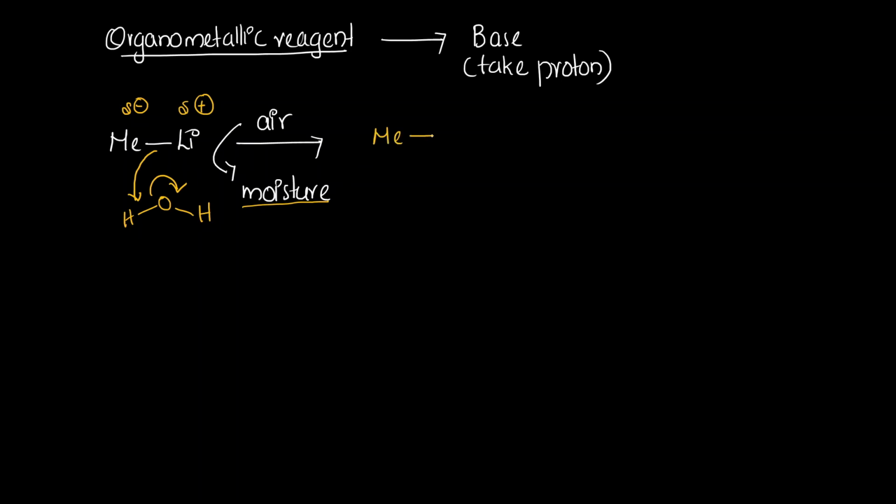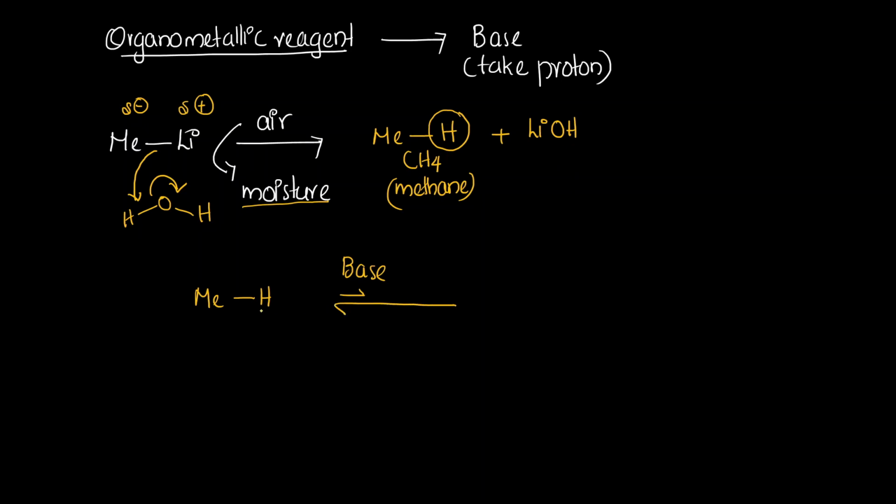So what will you get? You will get the methane, that is CH4, and you generate the lithium hydroxide. If you see this reaction, this is not a reversible reaction. This is because if you try to remove the hydrogen again by using a base, it's very hard to remove the hydrogen from the methane to generate the Me minus and the H plus.